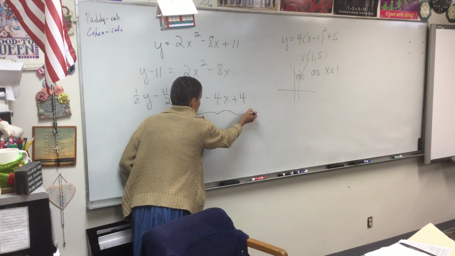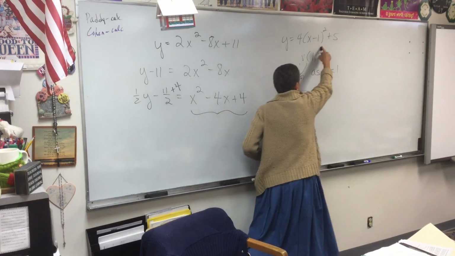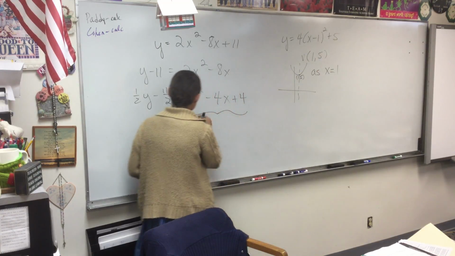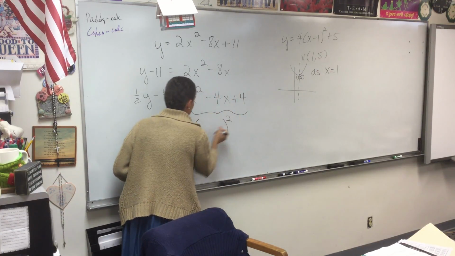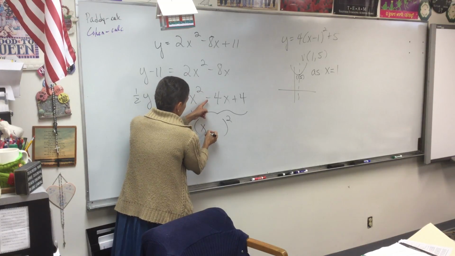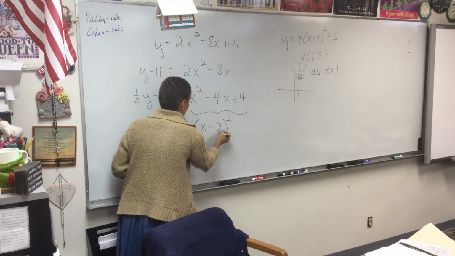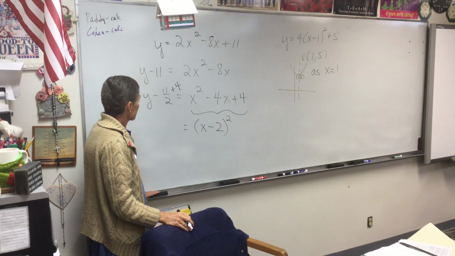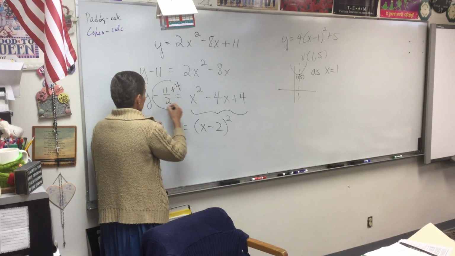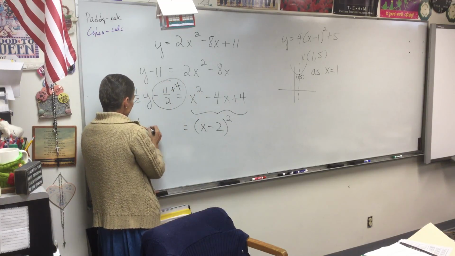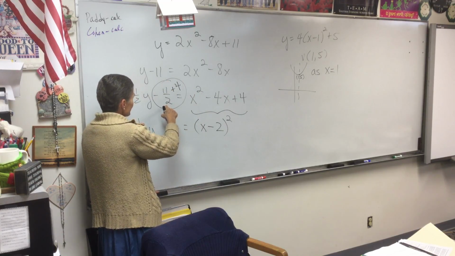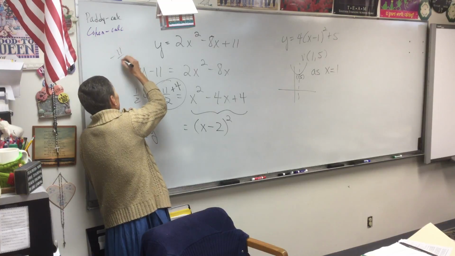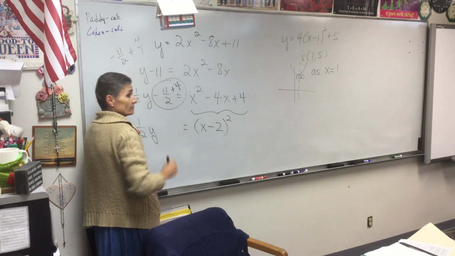Now, this should be your squared quantity. So what squared quantity is this? X minus 2. These two need to be added together. So you have your 1/2 y, but now you have to add negative 11 halves and 4.